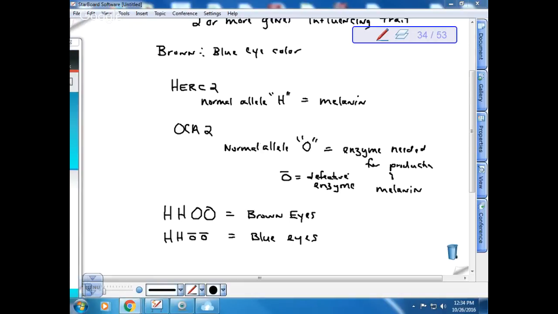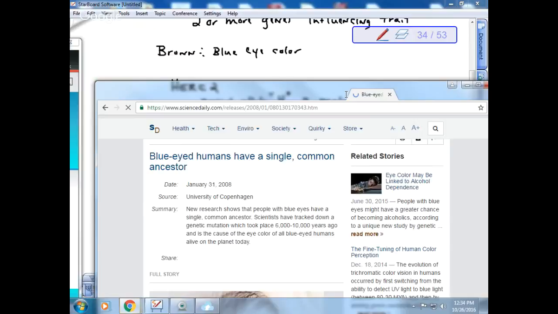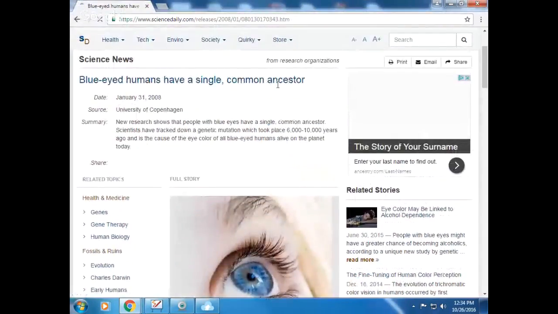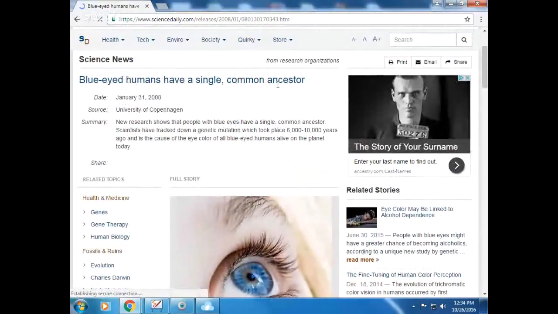So if we look at the headlines you might have seen, okay, so it says blue-eyed ancestors, humans have a single common ancestor.